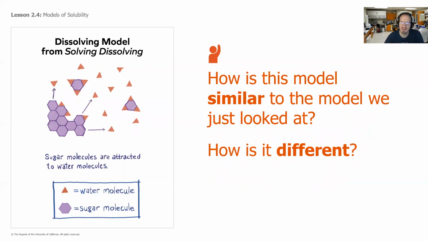And so how is this one similar to the model we just looked at, and how is it different? So what you should have gotten here is something like, both of them are representing molecules with symbols. They both have different symbols for different substances. So here we have the triangles are the water molecules, the hexagons are the sugar molecules.